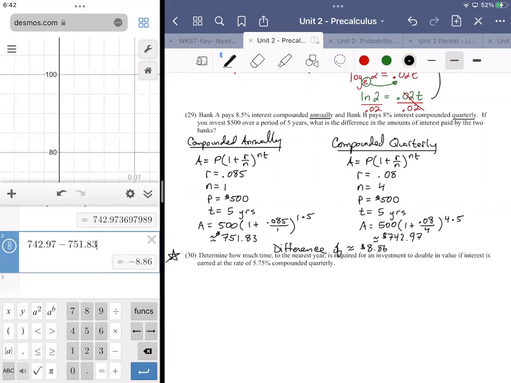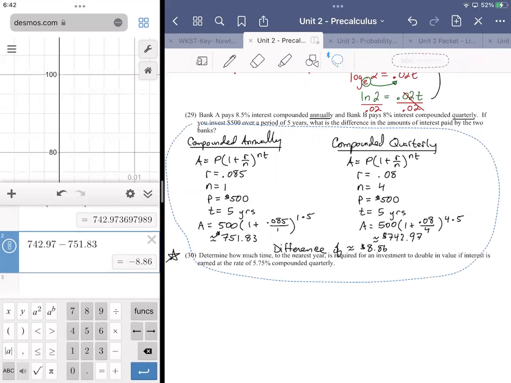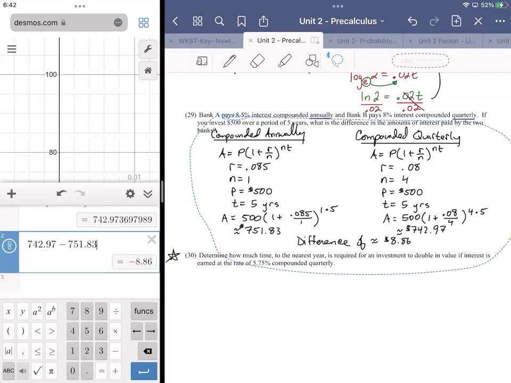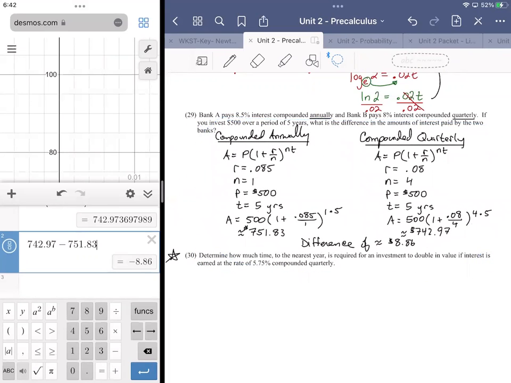All right. Now that may seem insignificant, but that's a difference of $8.86 for doing nothing. You would not have done anything to earn or lose that money. It's just a choice in different types of accounts.